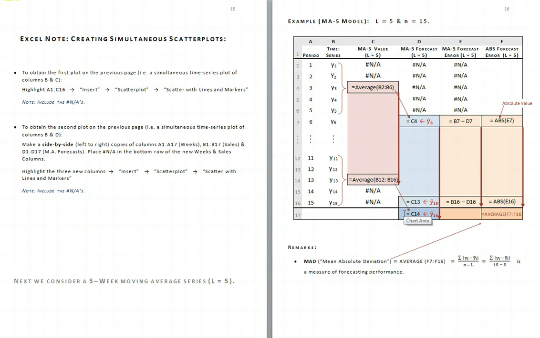We see that the period 16 MA5 forecast is just the average of the final 5 actual series values. The pattern for computing the MA5 forecast error, the magnitude of the MA5 forecast error, and the MAD is the same as for the MA3 model.